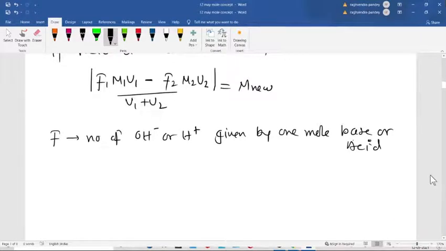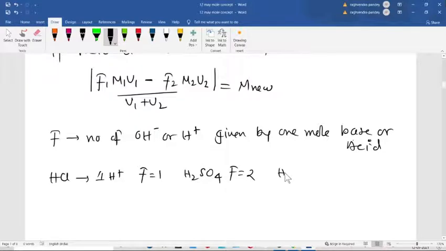I told you this when I told you the equivalent weight. HCl has 1 proton, so for HCl F is equal to 1. For H2SO4, F is equal to 2 because there are 2 protons.